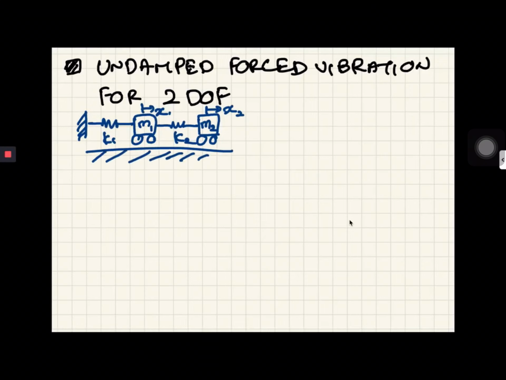Okay, so again, using this model over here, we can derive the equation of motion from the previous chapter that we did, and in this case we put a harmonic force on M1, which is given as F1 equals F cos omega t.